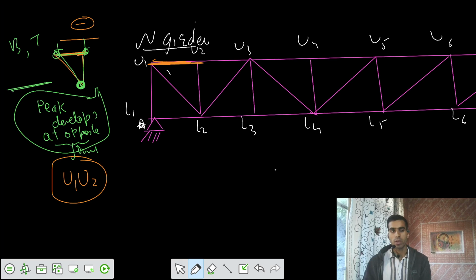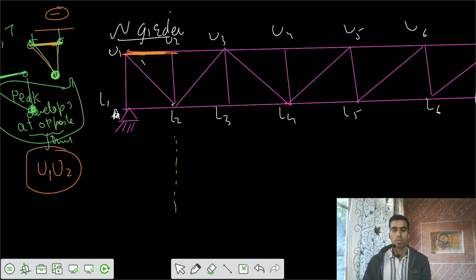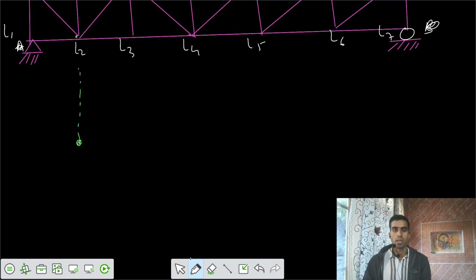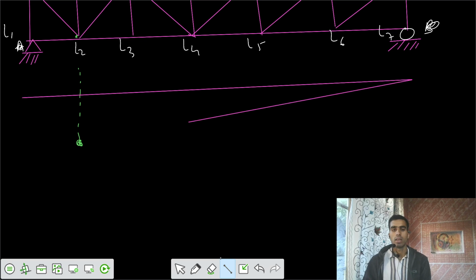If the member is this one, it has two joints, and the third joint is somewhere here, so the peak develops at this third joint. So the peak develops here. Whether it's positive or negative, we said that top members are in compression, so that is a negative ILD.